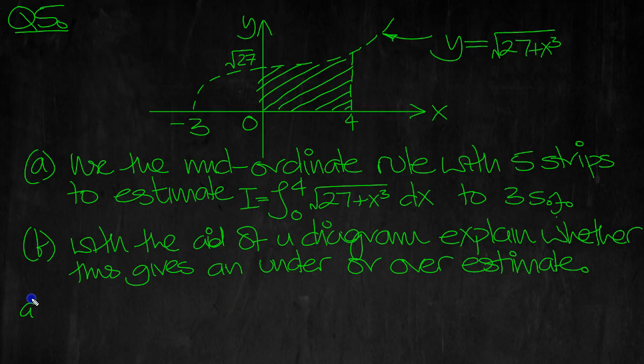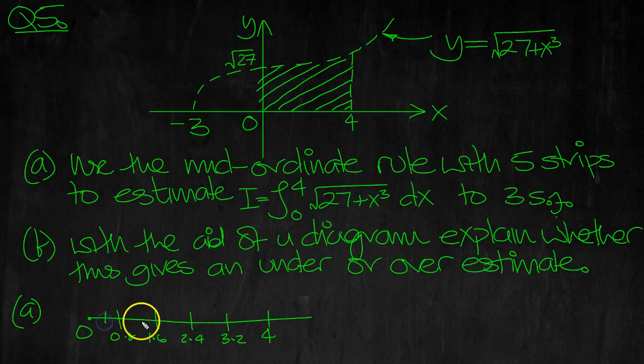So if we look at A, we're going from 0 through to 4. There's 4, there's 0. With 5 strips, I've done 2, 3, 4, 5 strips, so it will be 0.8, 1.6, 2.4, 3.2.